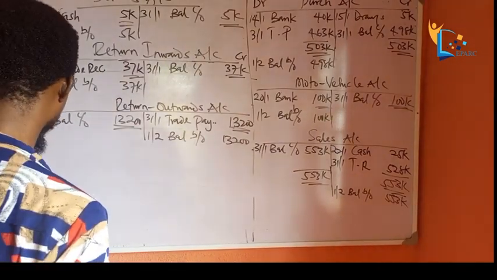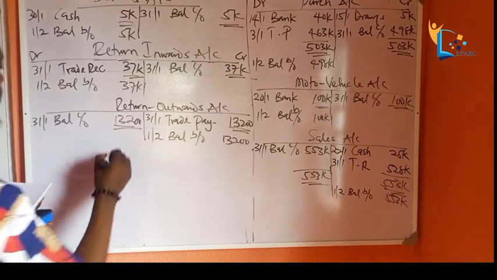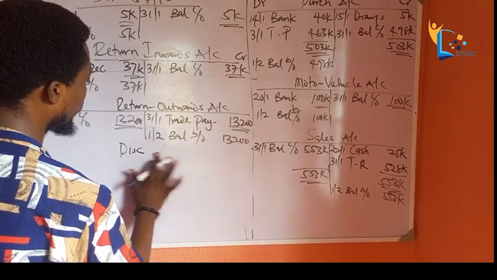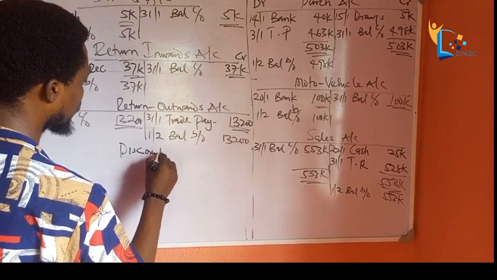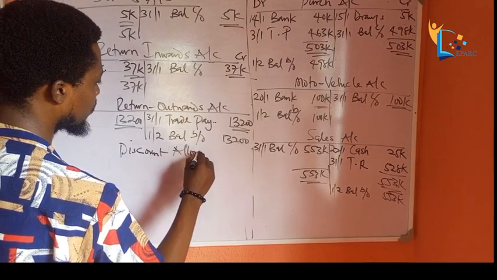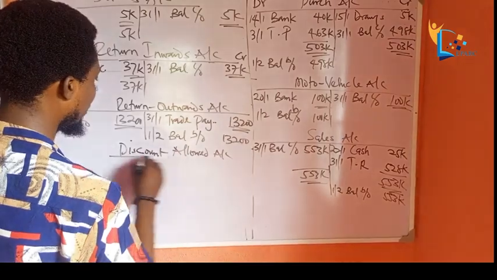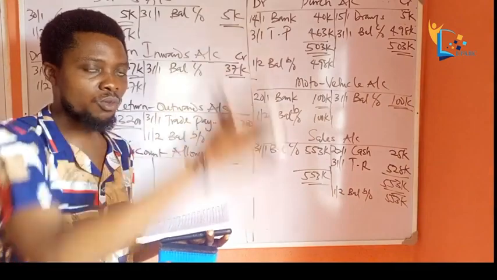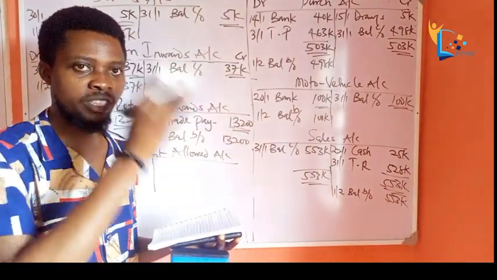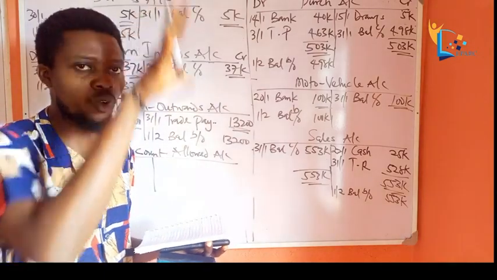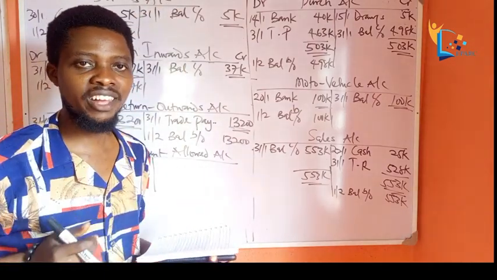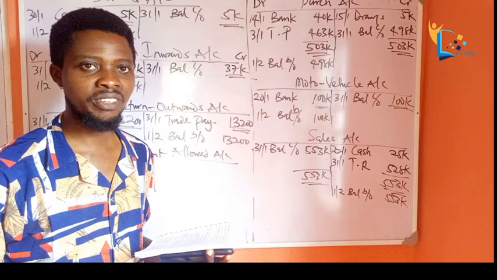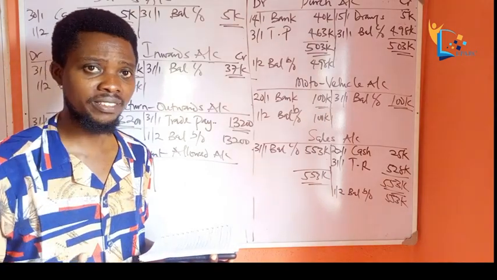All right. So the next one, we have discounts allowed account. Let me write it in full. If you remember, the discount columns in the cash book, we did not balance them. We only totaled them, because in the cash book, you don't balance discount allowed, whether received or allowed.